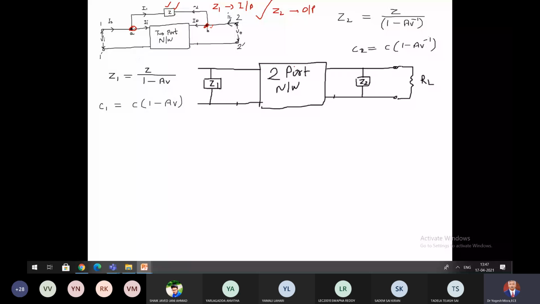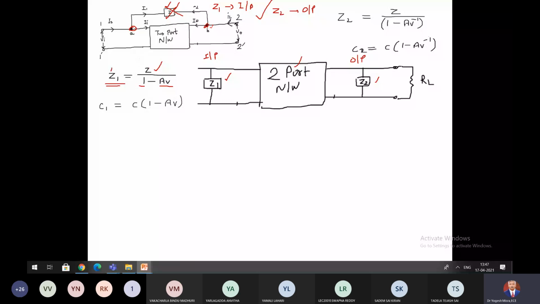So Z can be removed, and in place of Z you can connect Z1 at the input side and Z2 at the output side. The value of Z1 is Z divided by 1 minus voltage gain.